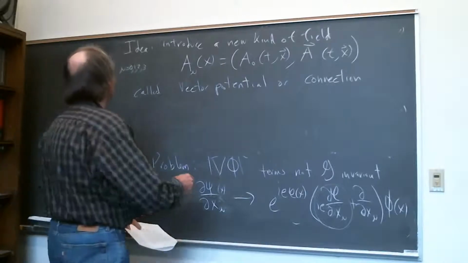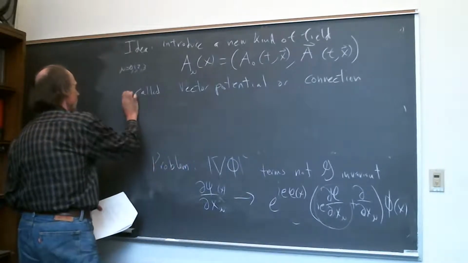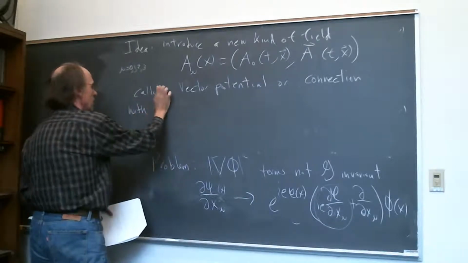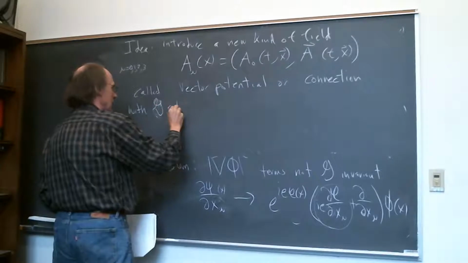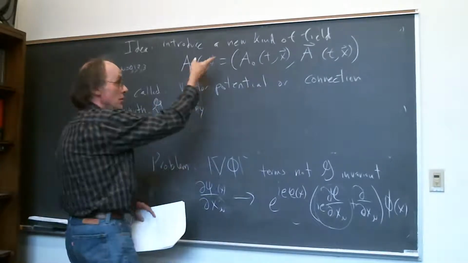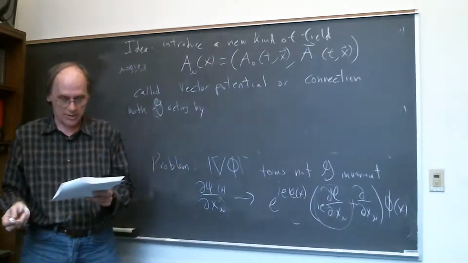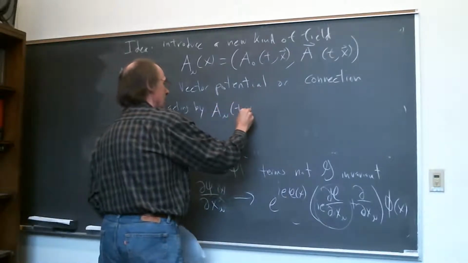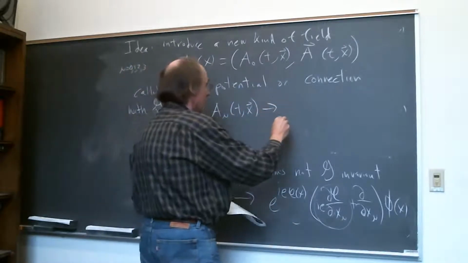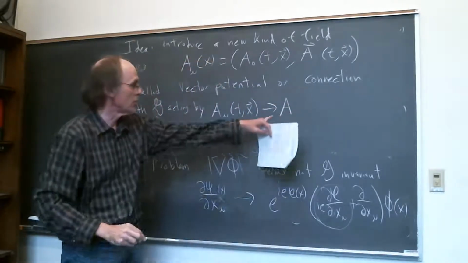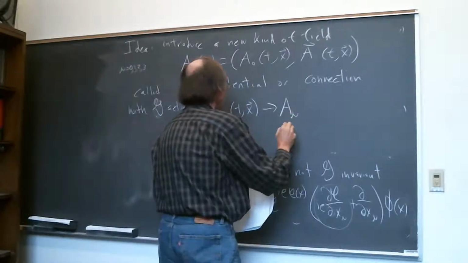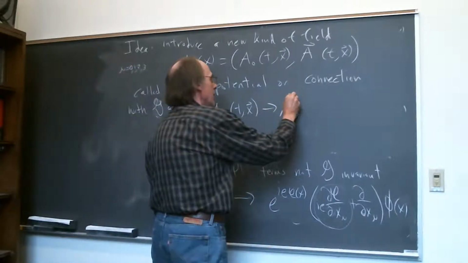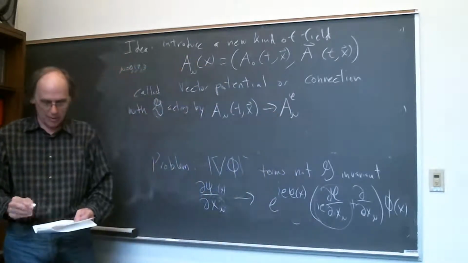And what you want is, with G acting, this is also not going to be invariant under gauge transformations. A_μ(t, x vector) goes to... sometimes I'll write the so-called gauge transformed version of a field by putting the φ that's used to transform it up there.